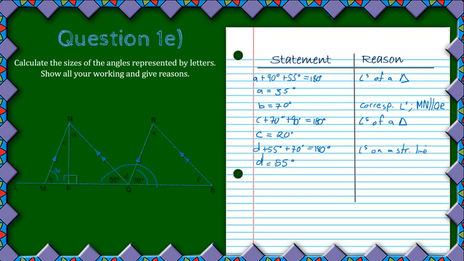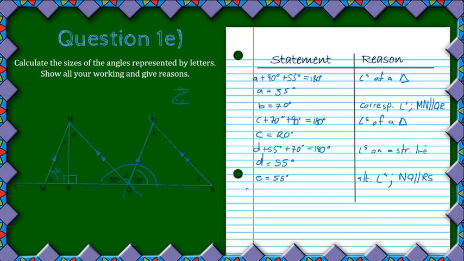Okay, then E. All right, so we can see that this line going through here cuts these two parallel lines. So D and E are alternate angles. That means that E is also equal to 55 degrees because they are alternate angles. Remember, alternate angles form a Z or an N, where we have these two that are alternate and those two lines parallel. So this is alternate angles, and my two parallel lines are NQ being parallel to RS.